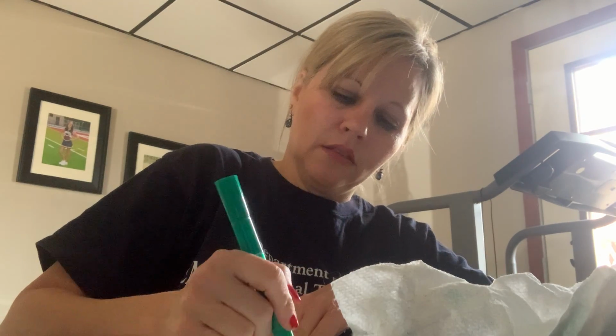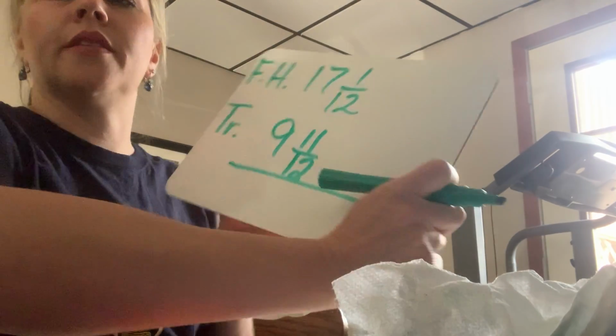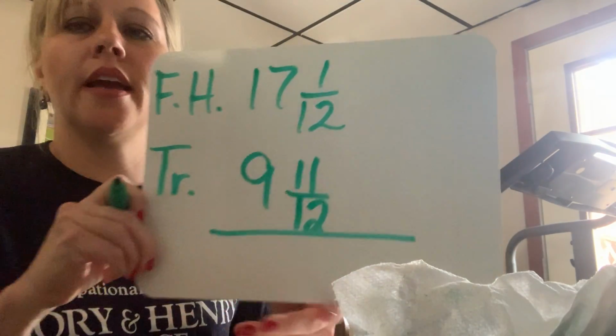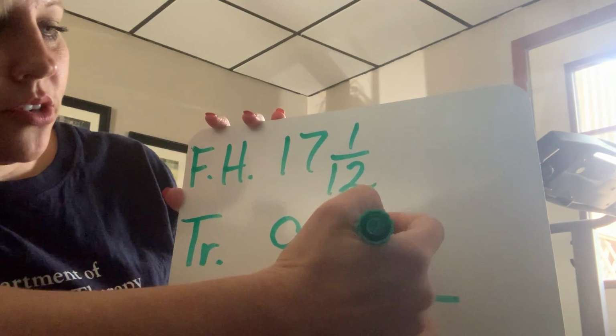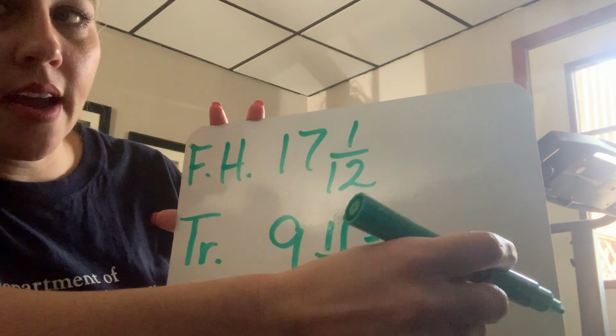Okay? And the trombone is 9 11/12 feet long. So I gotta compare. And when I compare, here we go. Our denominators are the same. This fraction does not have to be changed, the second one. So pull it over.